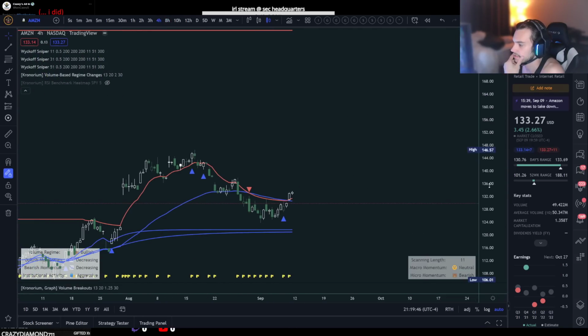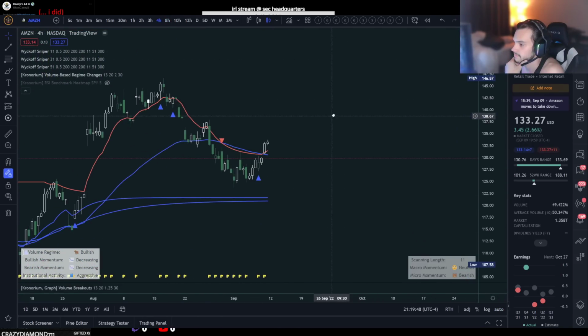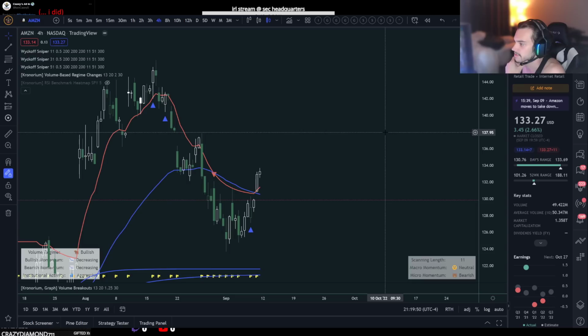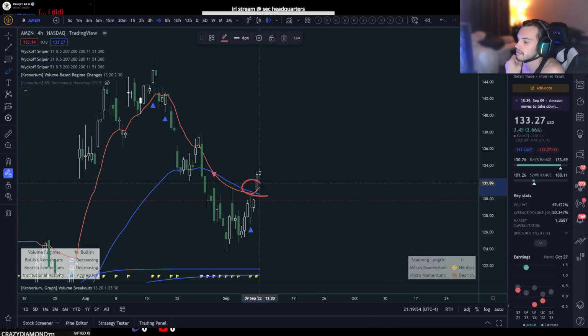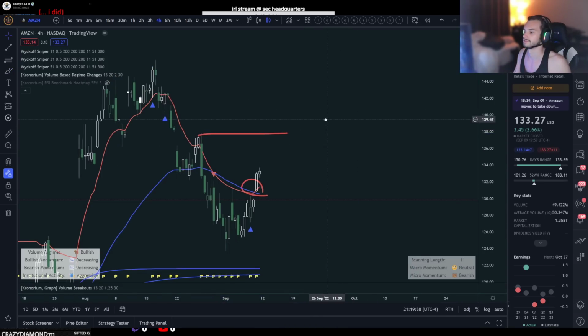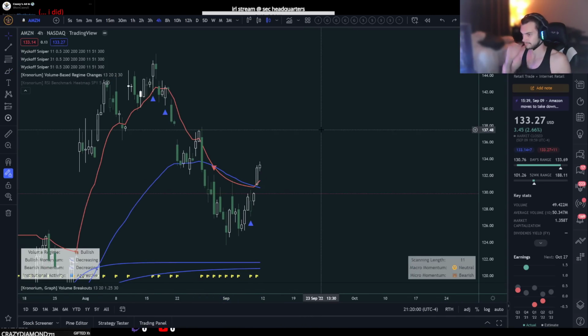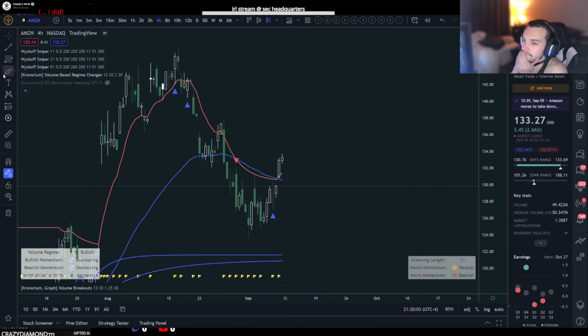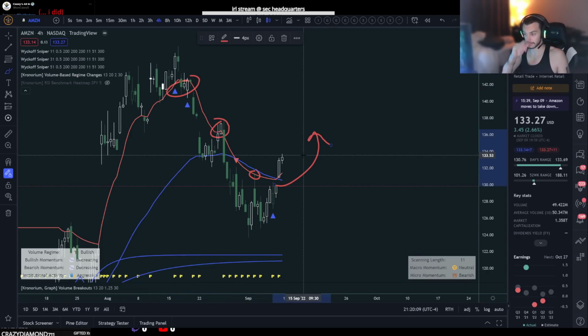Yeah, I like it. It's still got room all the way up to 137, I would say, at least. Because of this, and you just have a natural resistance right here, which you'll probably get some reaccumulation out of. Especially because it broke down here and got rejected again, but now it's curling up. So yeah, I like that a lot.